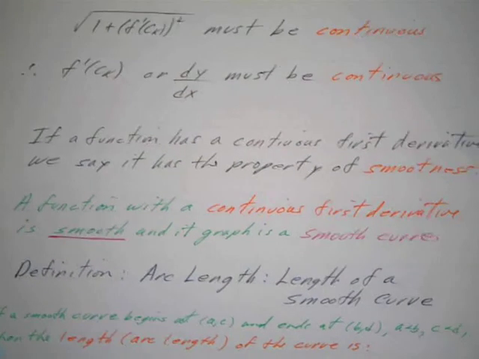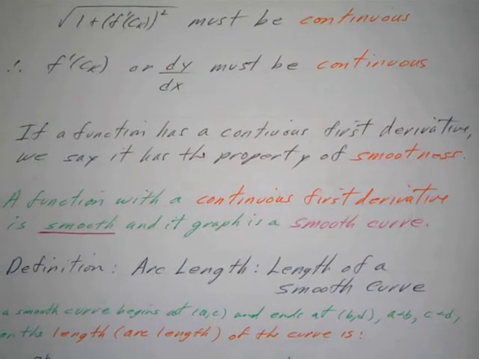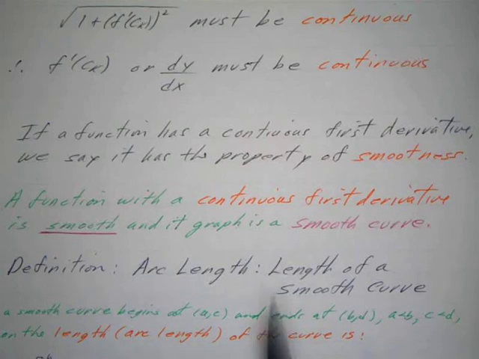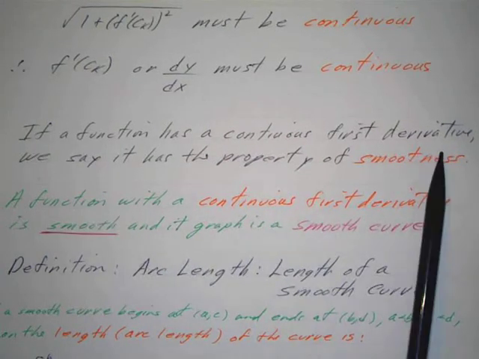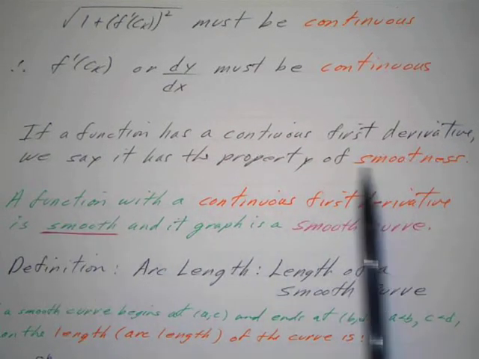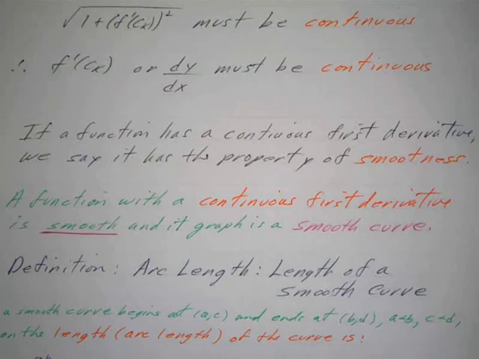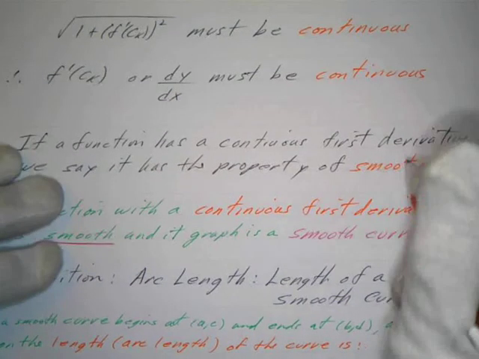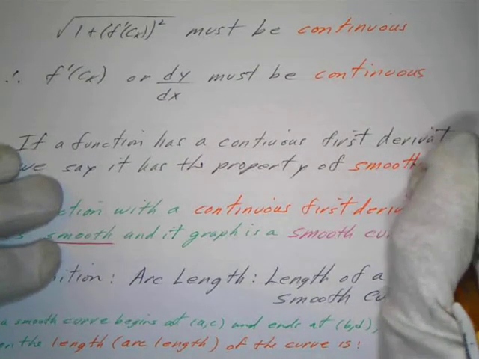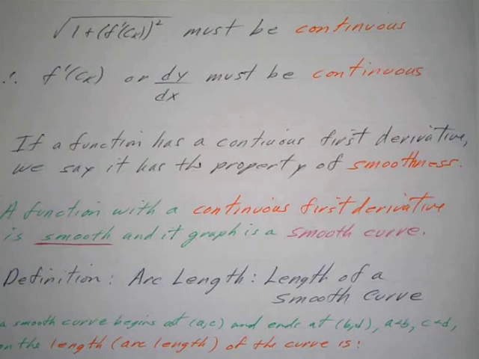Now we talk about this over here. The textbook explains it also. If a function has a continuous first derivative, we say it has the property of smoothness. Smoothness. All right, I forgot an H. Smoothness.